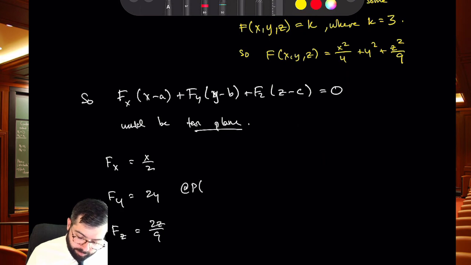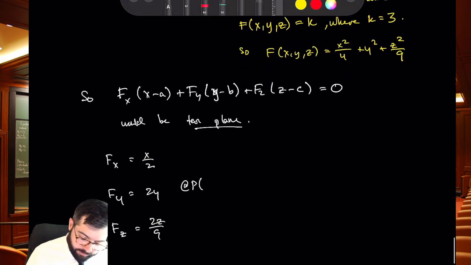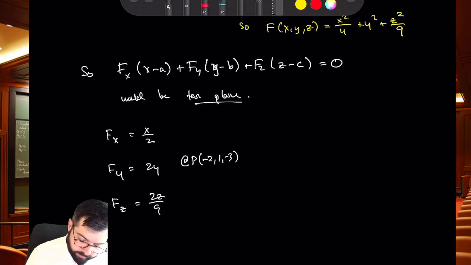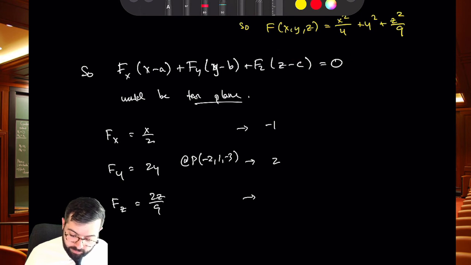And then at the point negative 2, 1, 3, negative 3, becomes negative 1, 2, negative 6 over 9, negative 2/3.